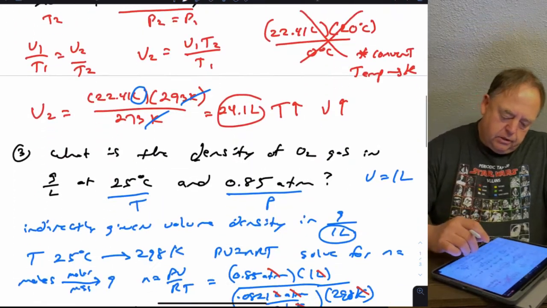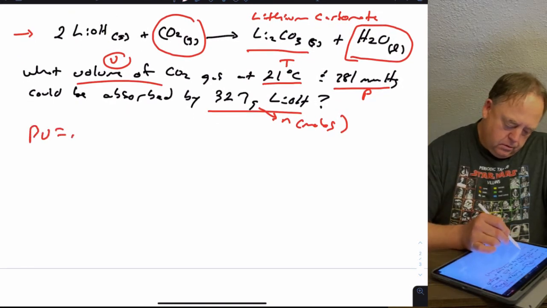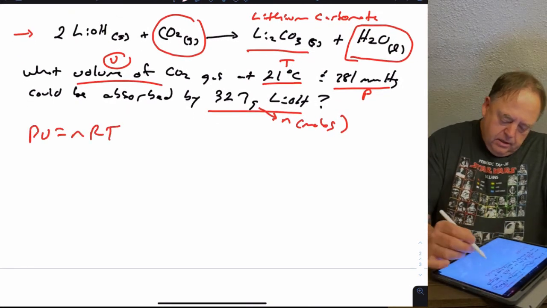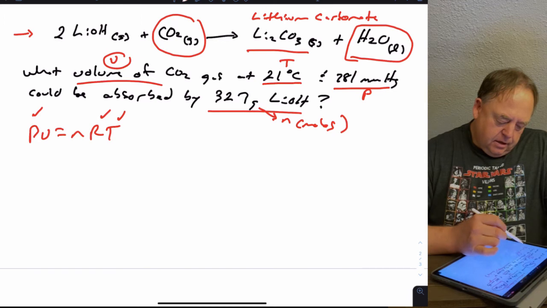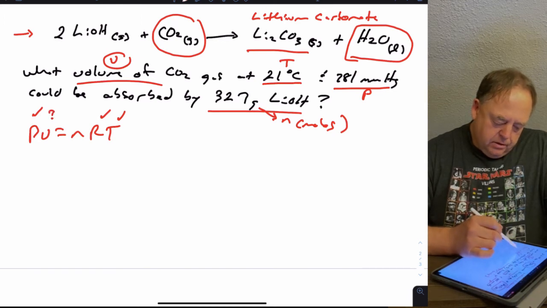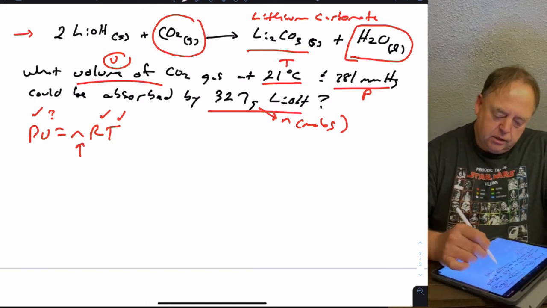So basically we need that equation at some point. R is a constant. We want to solve for volume, but we're given N indirectly, because we're given N of lithium hydroxide.